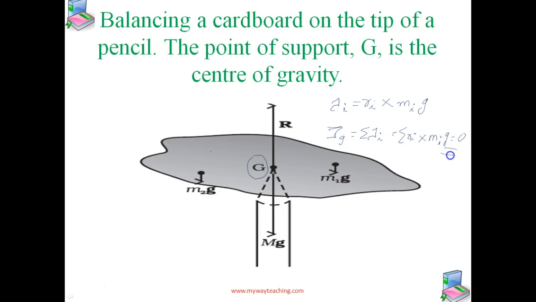This g is constant, it will not change with the system of particles, so it comes out of the summation. So this gives, since g is non-zero, the sum of mi Ri is equal to 0.